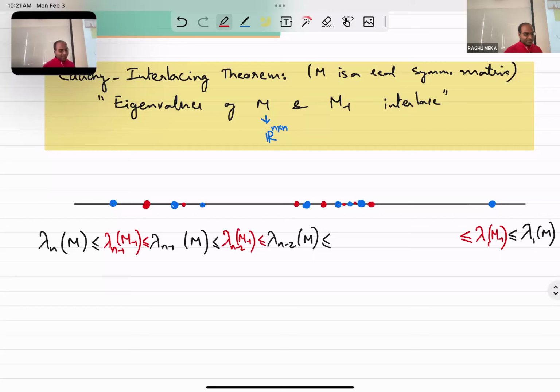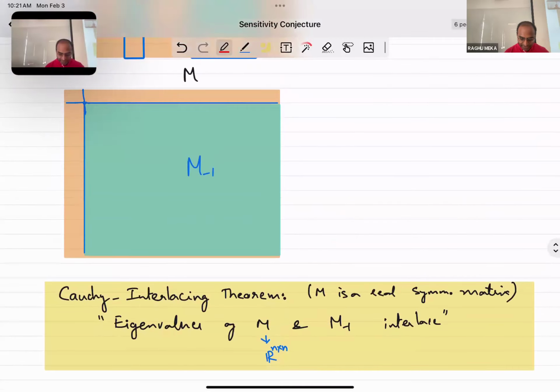Now, what happens if I take out, let's say, 2 rows or columns? Maybe this was M minus 1, and I take out one more row and column.